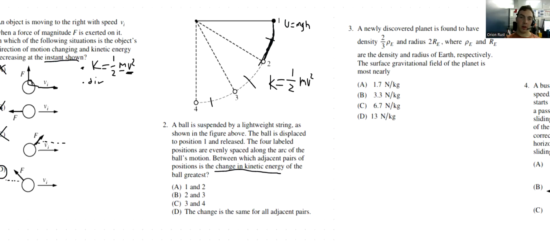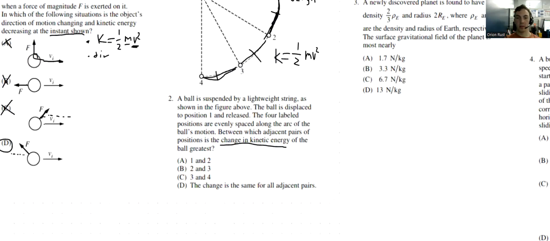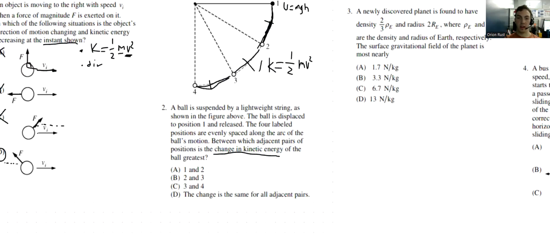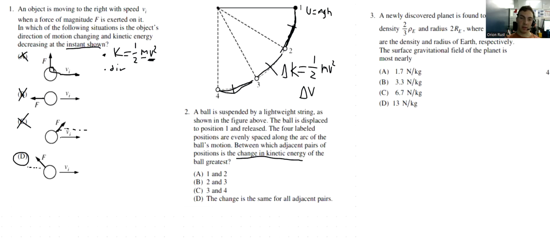So if you think about the ball, it's gaining traction here between 1 and 2, it's speeding up a little bit more, and then between 3 and 4, it's just going to town. It's going super, super fast. So in this instance, we're looking for the greatest change in kinetic energy, which is going to be determined by the greatest change in velocity, which would be at this bottom part between 3 and 4.